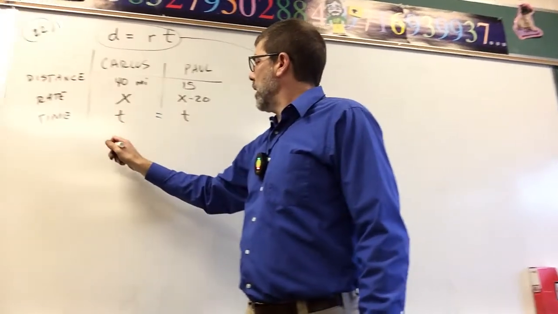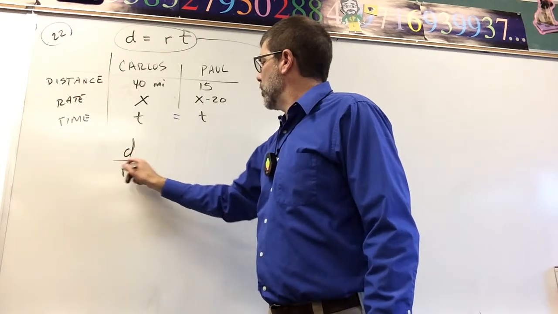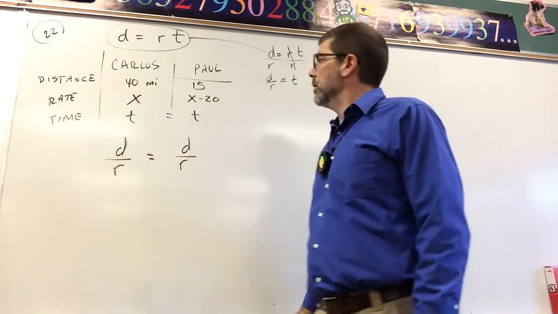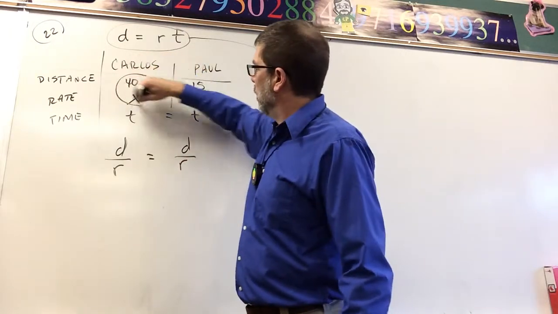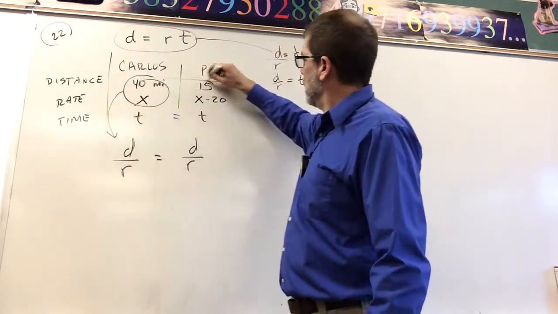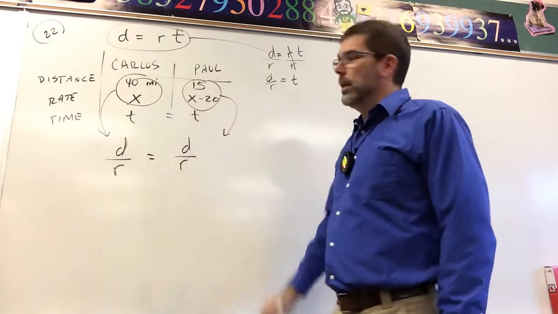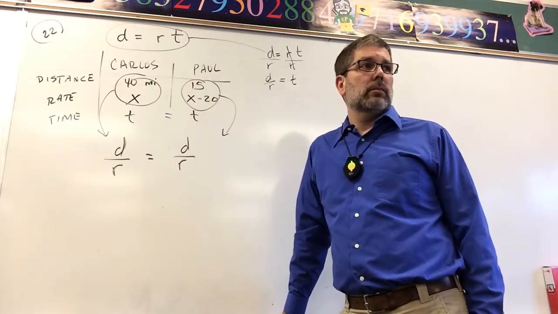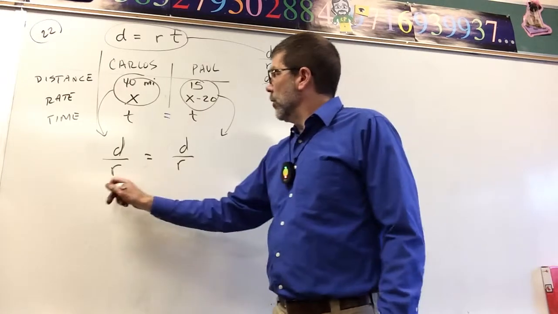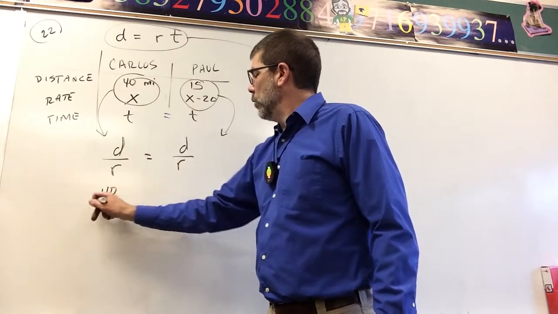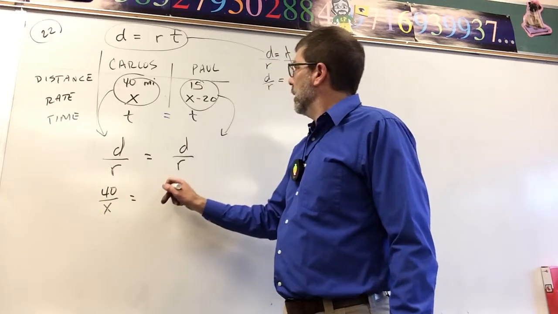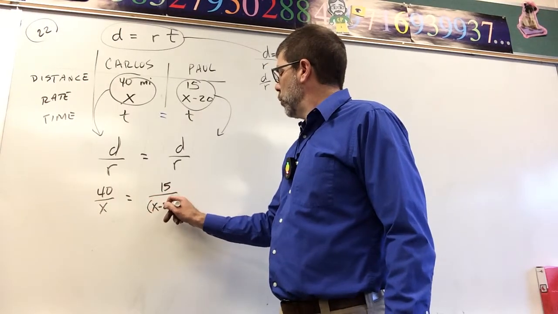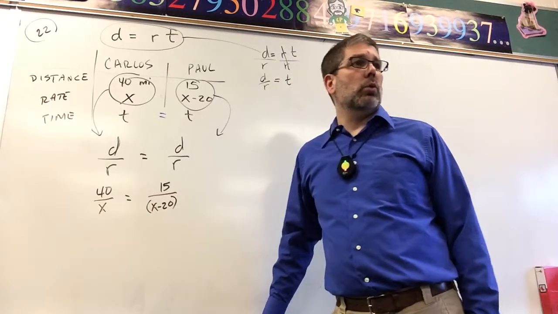So this time is that distance over rate, and this time is a distance over rate. And I think we can plug this information here and this information here, and we can get something that we can solve. So this would be 40 over x, and this would be 15 over x minus 20, and I think that's an equation that we can solve.